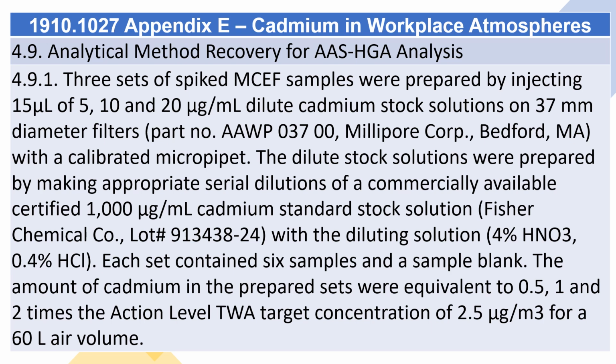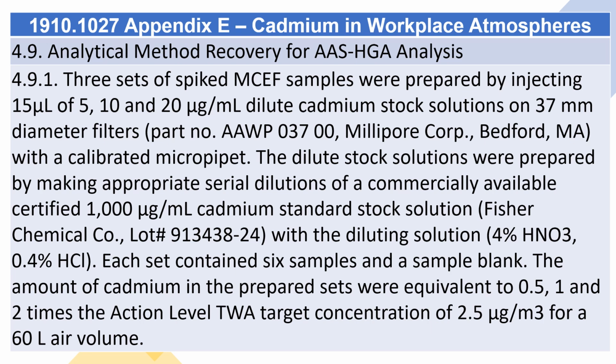4.9. Analytical method recovery for AAS-HGA analysis. 4.9.1. 3 sets of spiked MCF samples were prepared by injecting 15 µL of 5, 10, and 20 µg/mL dilute cadmium stock solutions on 37 mm diameter filters, Part No. AAWP 03700, Millipore Corporation, Bedford, Massachusetts, with a calibrated micropipette.